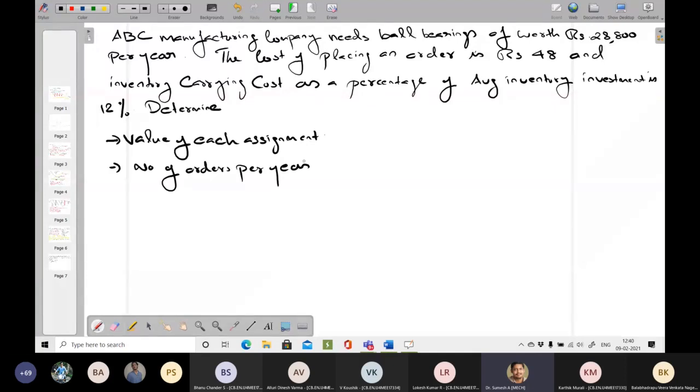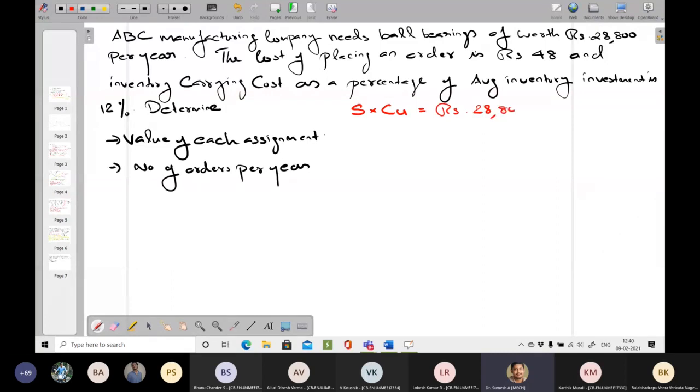So the given information in this problem will be basically S into CU. S into CU is rupees 28,800.